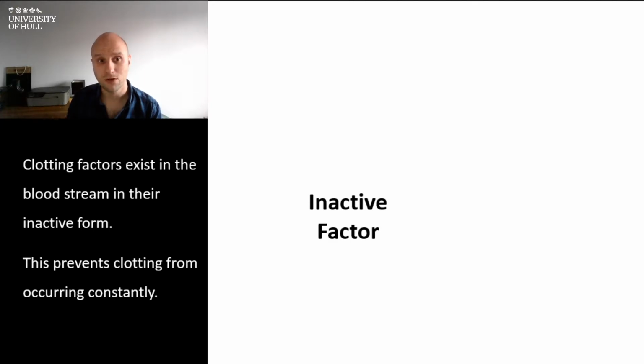A bit of terminology for you: an inactive version of an enzyme or protease, for instance, is often referred to as a zymogen, or will end with the letters OGEN. So you have fibrinogen, for instance, that is the inactive form of fibrin.